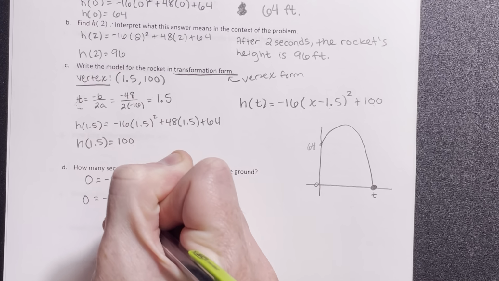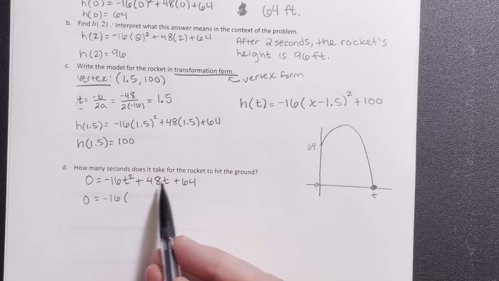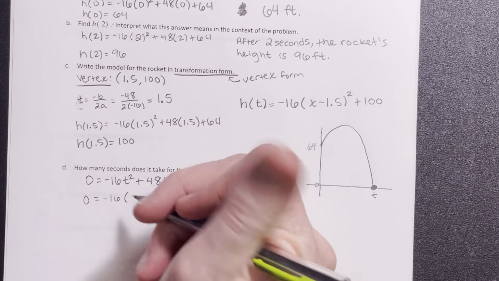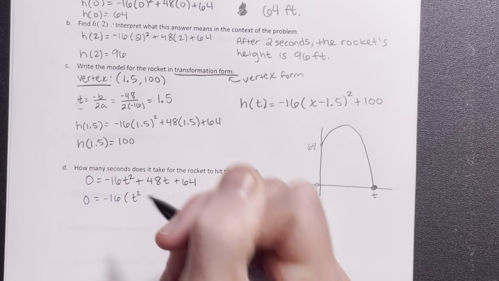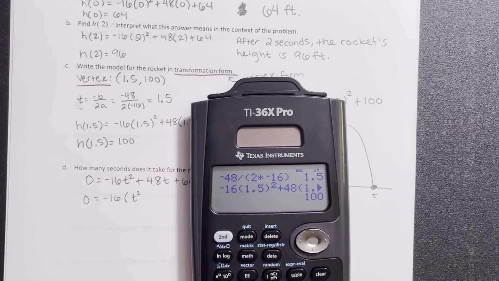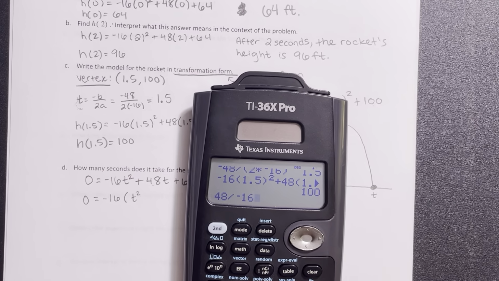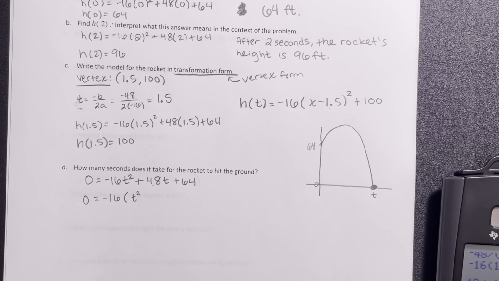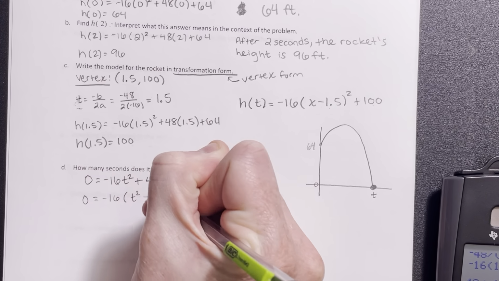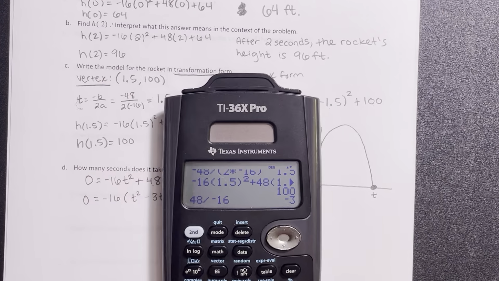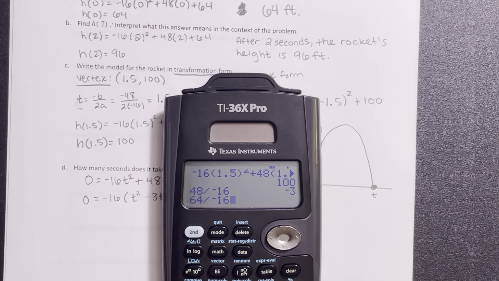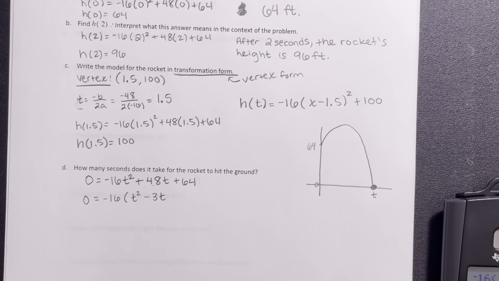So negative 16 goes into all of those numbers. So dividing that 16 out, I get t squared. If you need to do 48 divided by negative 16, it's negative 3. So minus 3t. And then 64 divided by negative 16 is negative 4.